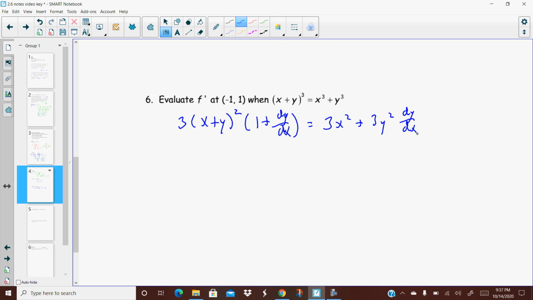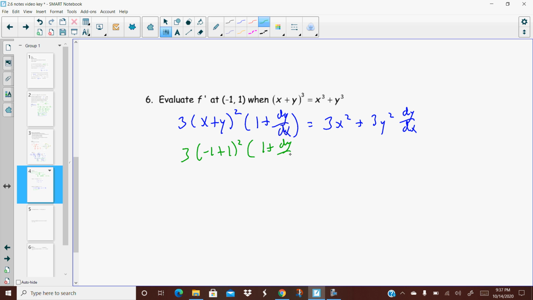A little bit more trouble to do algebraically, or we just took the derivative, so now I'm allowed to plug in the values. So I'm going to plug in negative 1 for x and 1 for y. Fortunately, it's going to work out really nicely in our favor here. So I'm going to have 3 times negative 1 plus 1 squared. That part's going to be really nice.